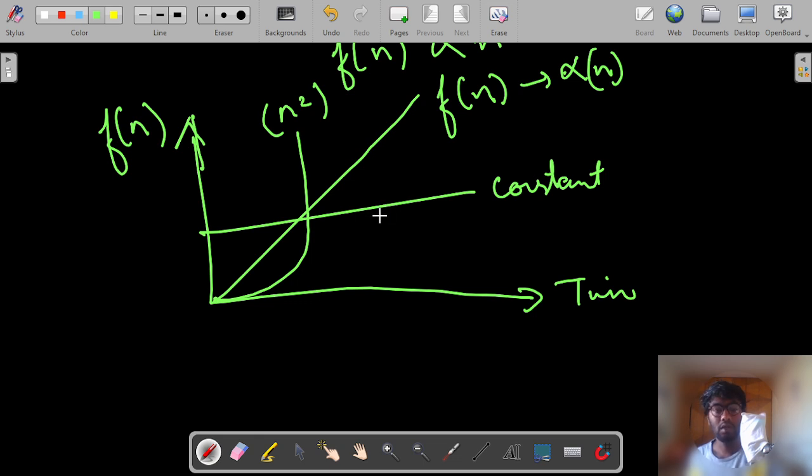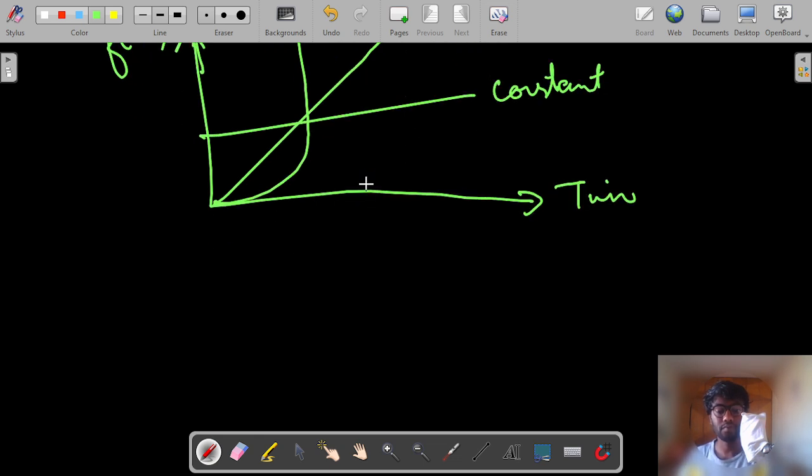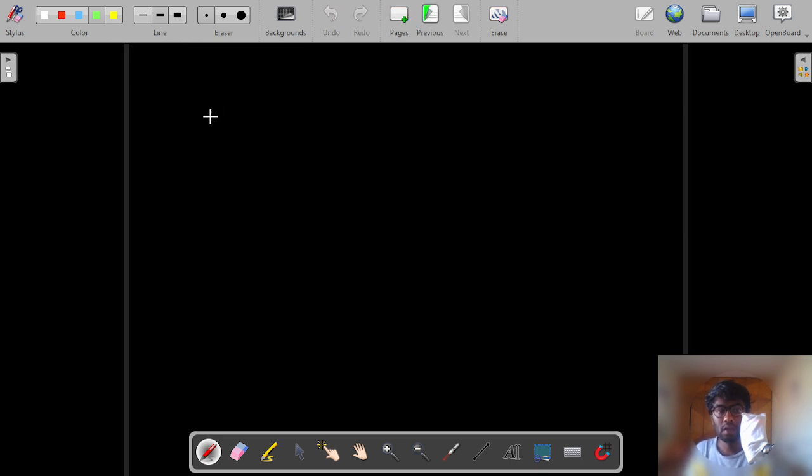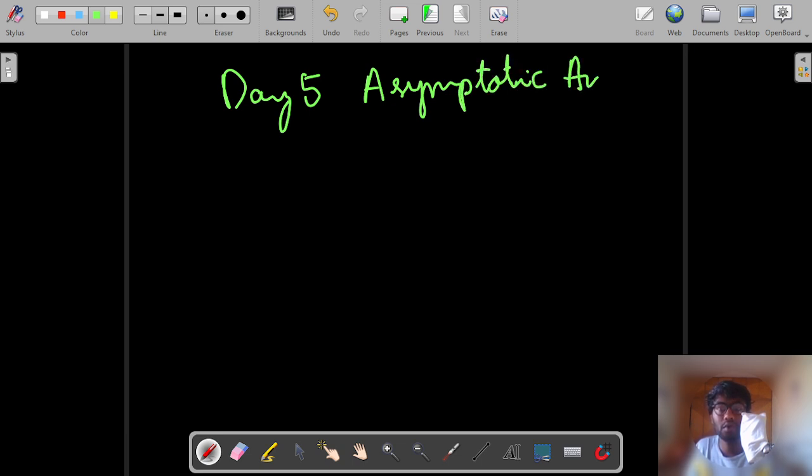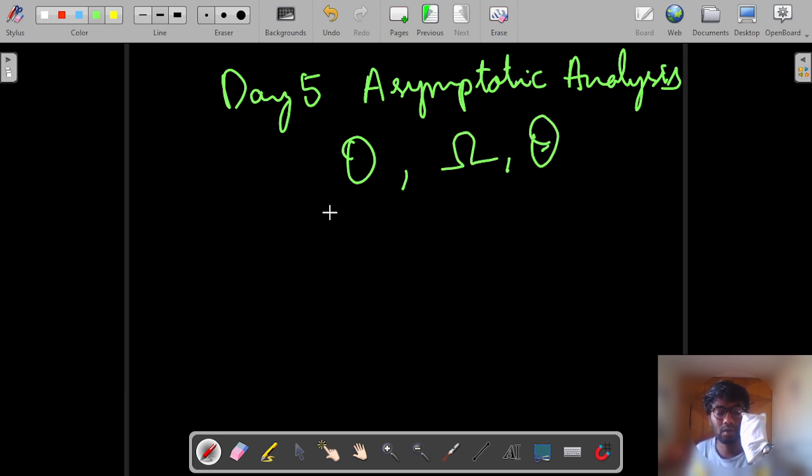And in day 5, we came across asymptotic analysis of big O, omega, and theta, right? So we can say big O is worst case, then average, and this would be the best case.